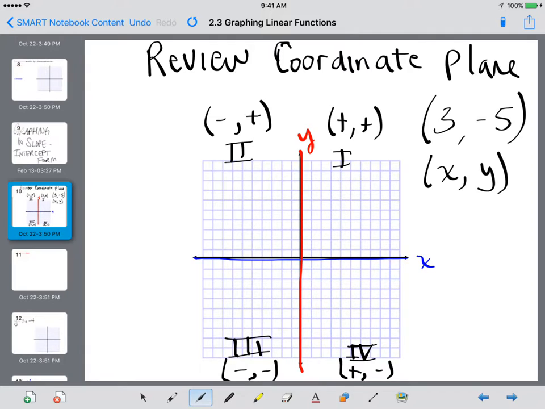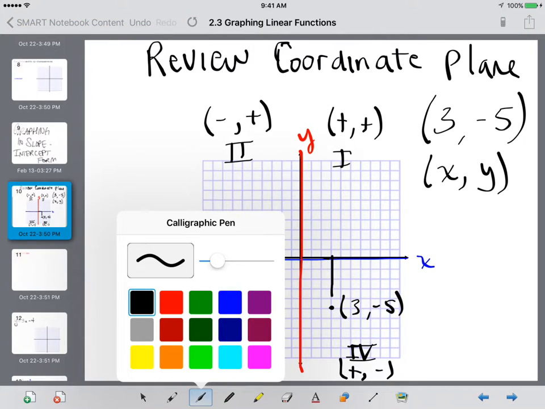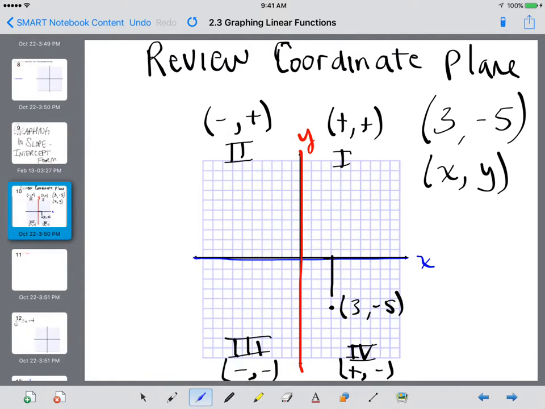So this ordered pair 3, -5 would be over 3 on the x and down 5 on the y to right here. Here is 3, -5. Where would I plot -3, -7?